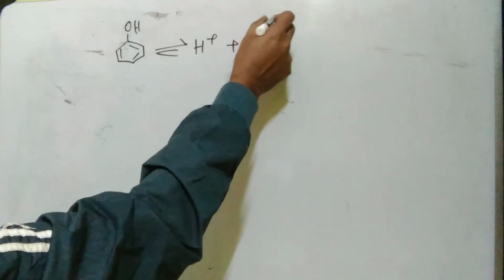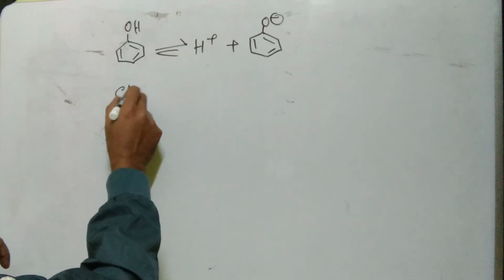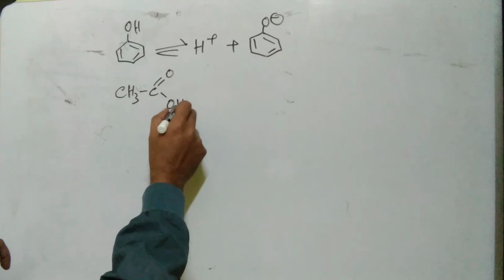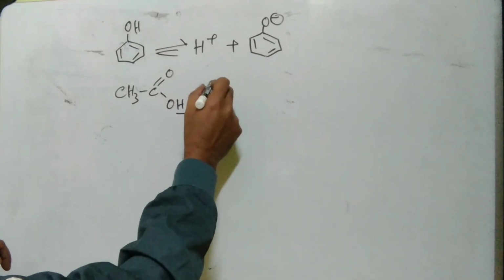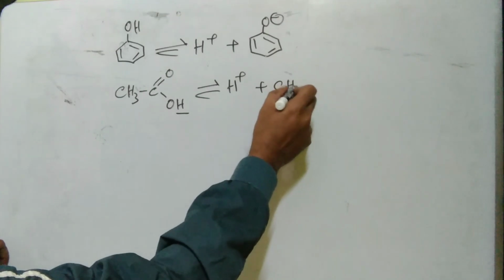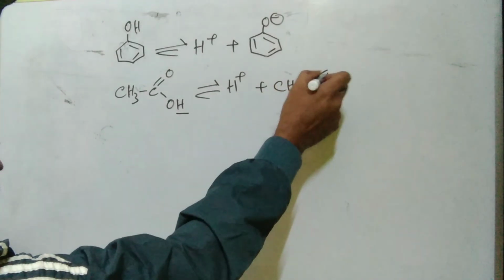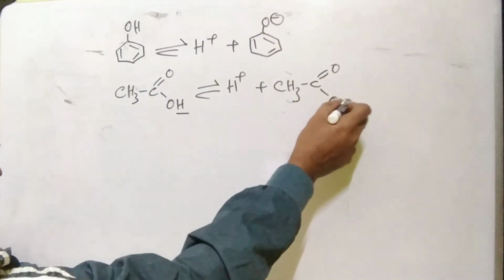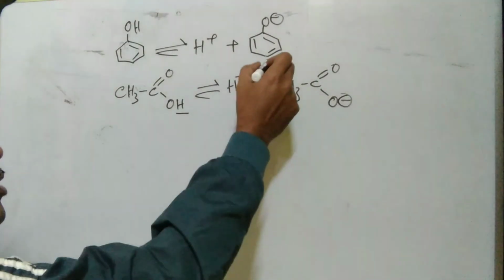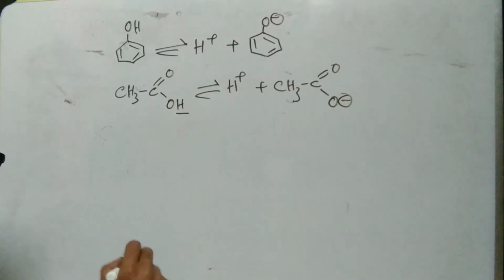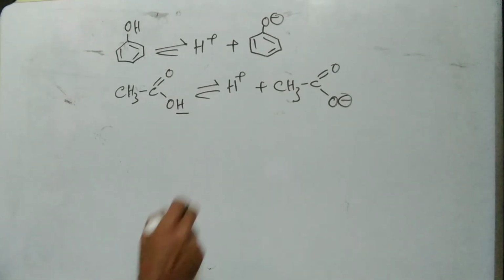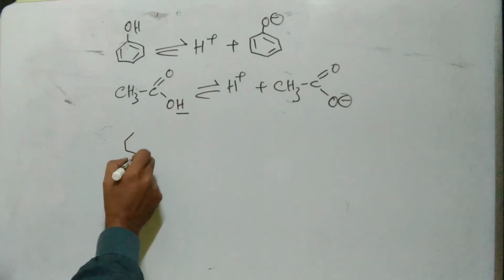And acetic acid, CH3, C double bond O, single bond OH, by releasing its H plus, forms the following equilibrium, CH3, C double bond O, single bond O minus. Okay, now let us consider the relative stabilities of phenoxide ion and acetate ion. Let us make the resonating structures, or canonical forms, of phenoxide ion and acetate ion.